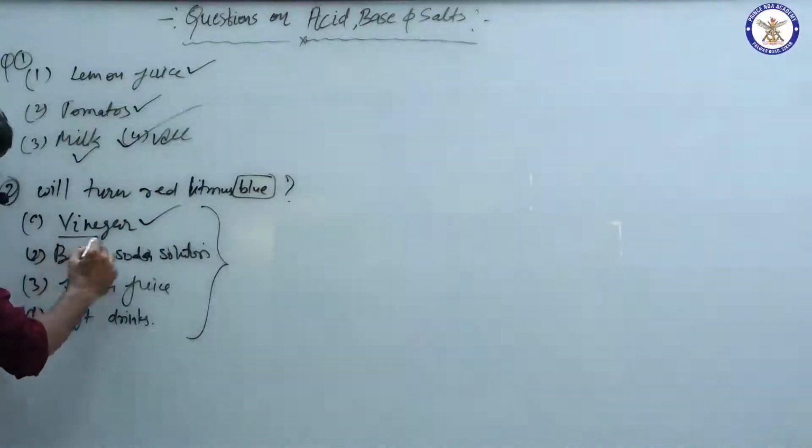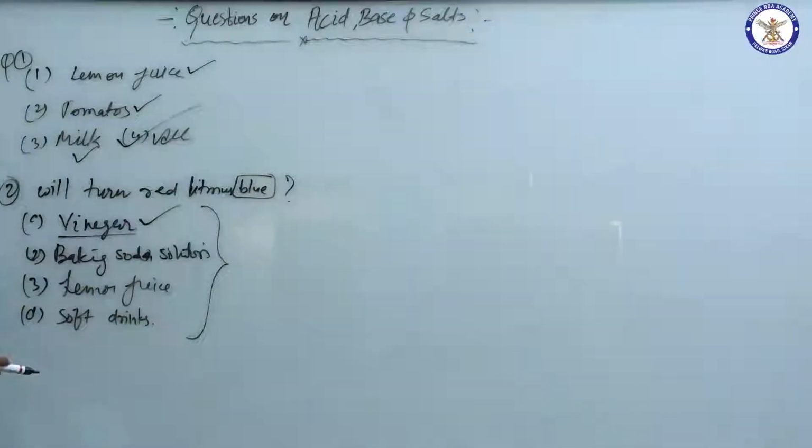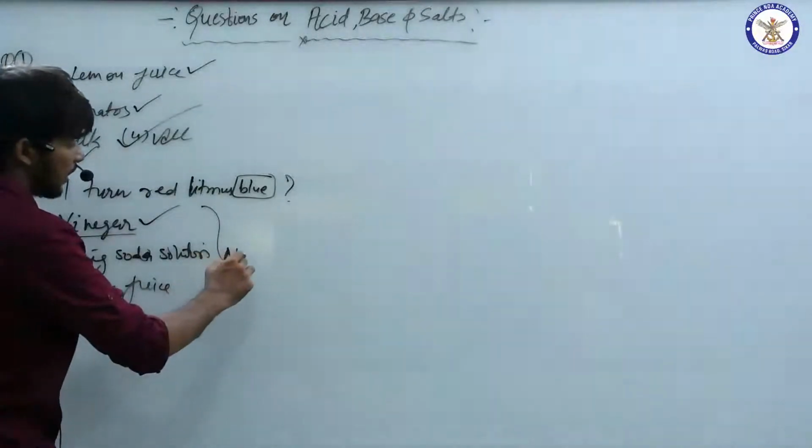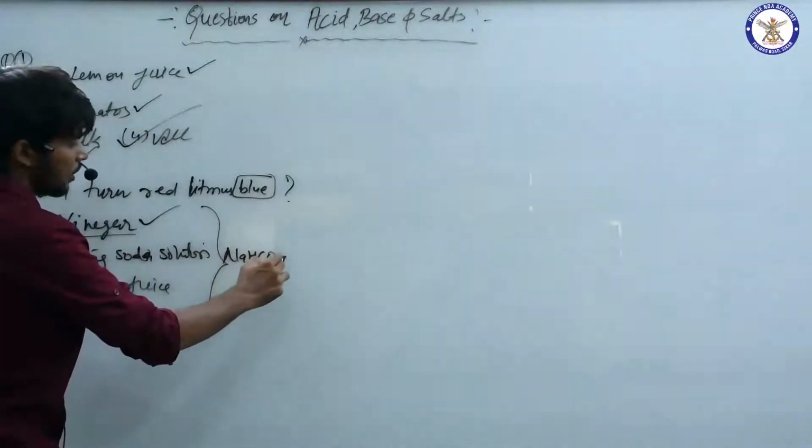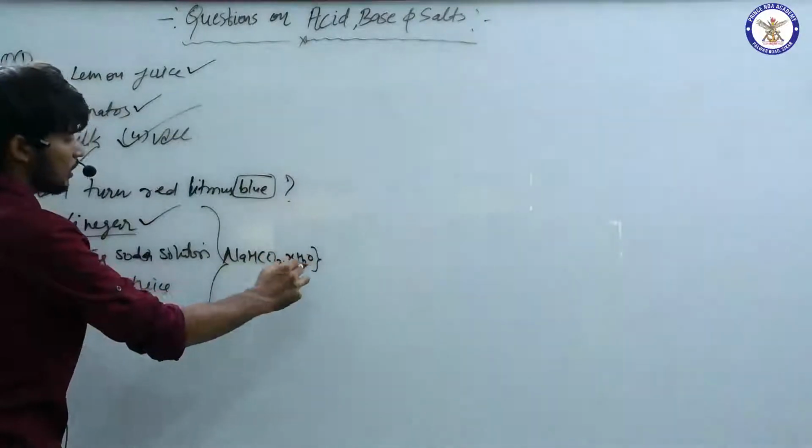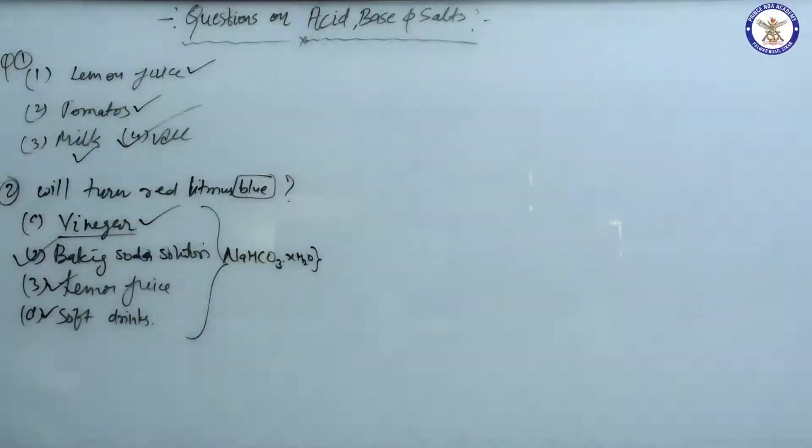So it is acidic, and I need to find the answer that is basic. And lemon juice is acid, अभी देखो. And soft drink is also acidic. So the right answer would be baking soda solution, यानी NaHCO3. This is actually not acidic, it is basic. So this is our right answer.